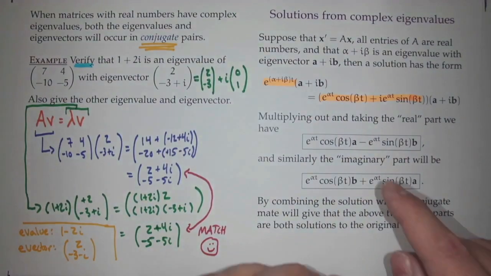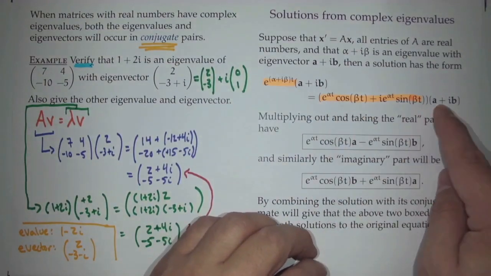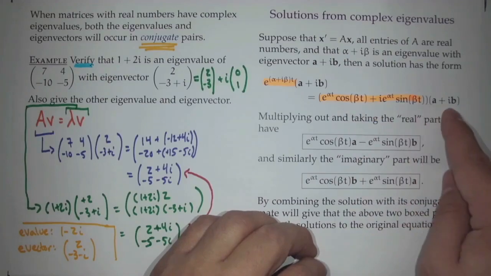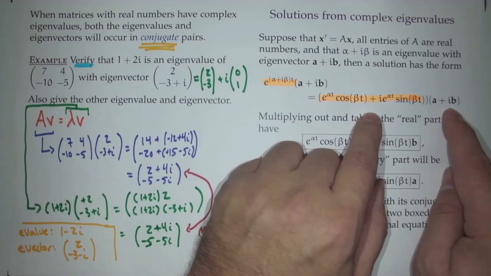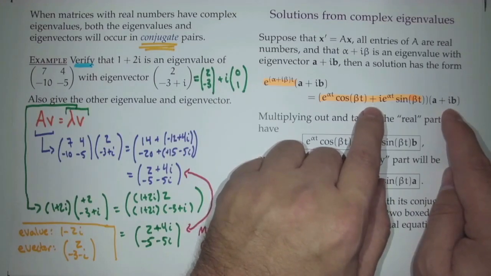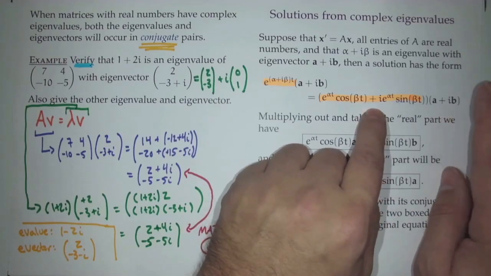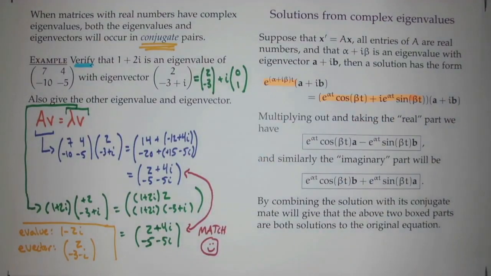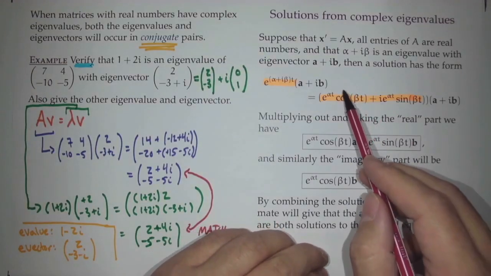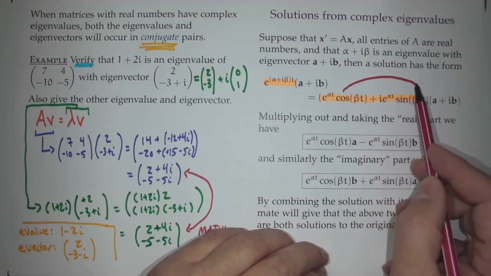Well, we have something times something. What should we do here? We should FOIL, right? Here's something plus something times something plus something. We'll FOIL. And what we'll do is we'll group. We'll say what parts are just real, what parts are imaginary. So if we're grabbing the real parts, well, we can take the first terms.